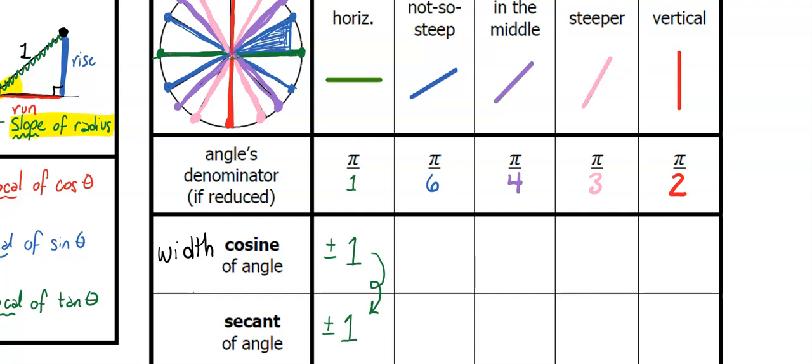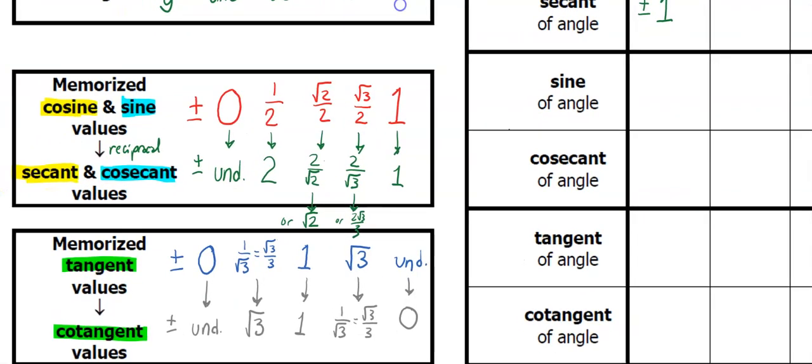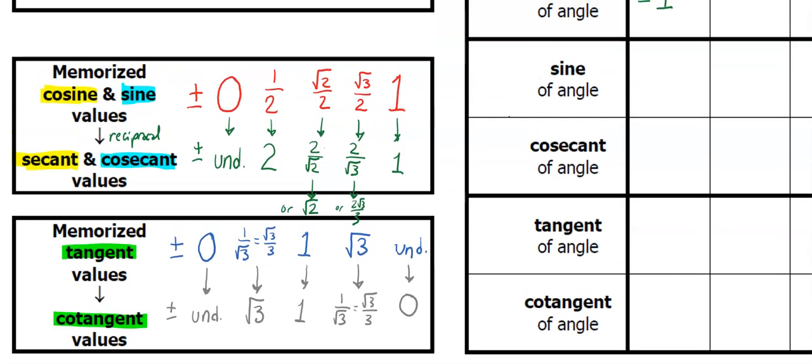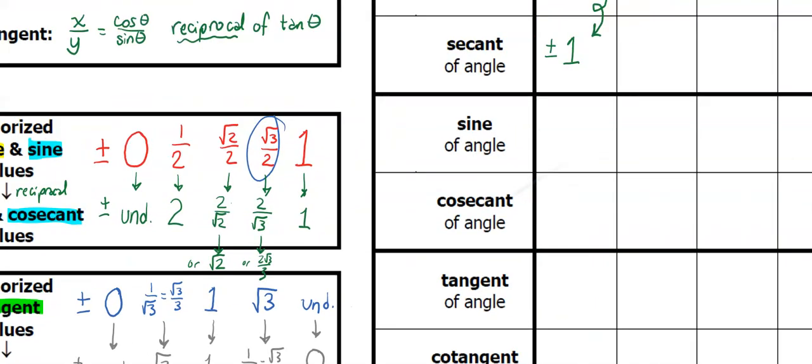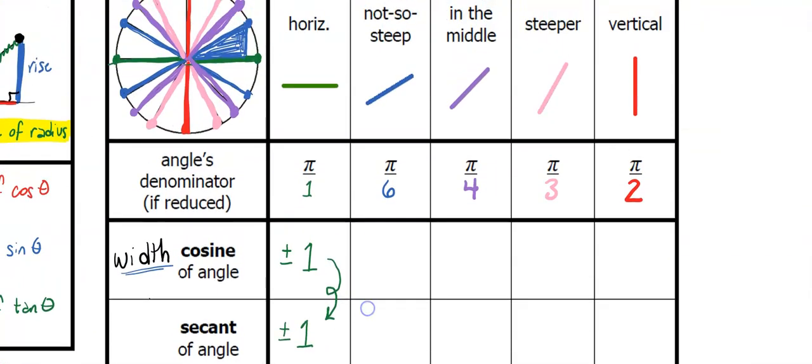But what happens in my brain when I'm trying to think of sine and cosine and all these things is I think, okay, for pi over 6, it's not very steep, and so cosine, the width, has to be pretty big. The height is not very tall, but it's a pretty wide triangle. So I think through my list of options for sine and cosine, and I say, the big one, but not the biggest, is square root of 3 over 2.